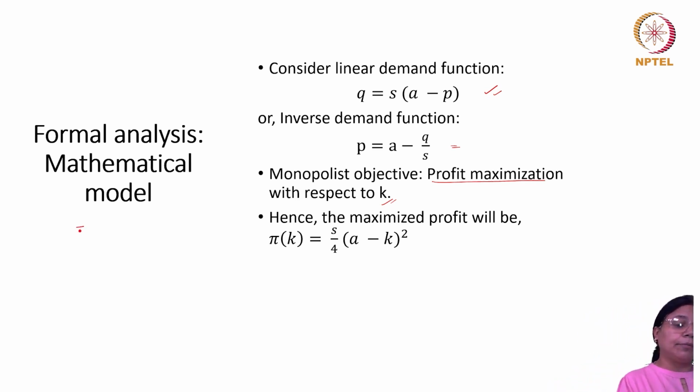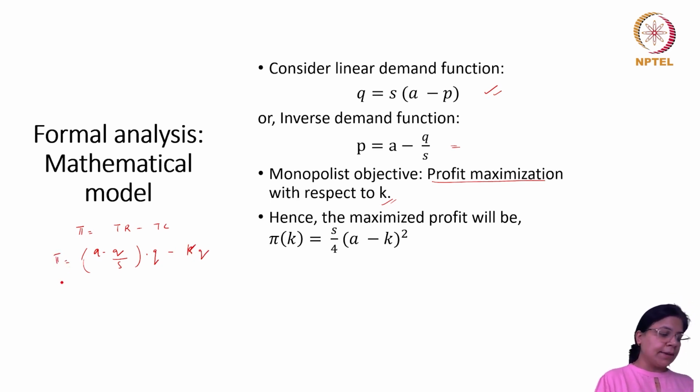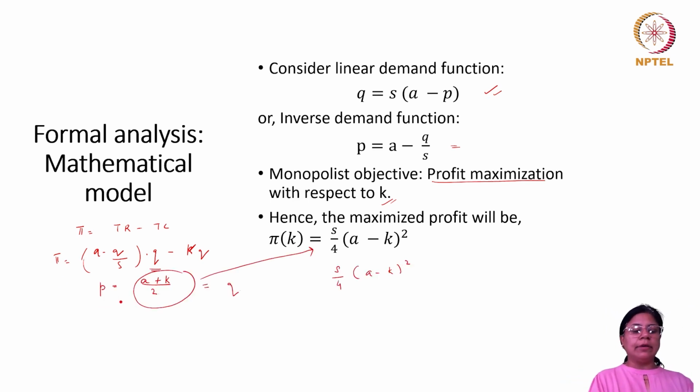They will write their profit equal to total revenue minus total cost, which they will find in this particular circumstance to be equal to A minus Q by S into Q minus K times Q. Then they will maximize the same with respect to Q. We will get price equal to A plus K by 2.